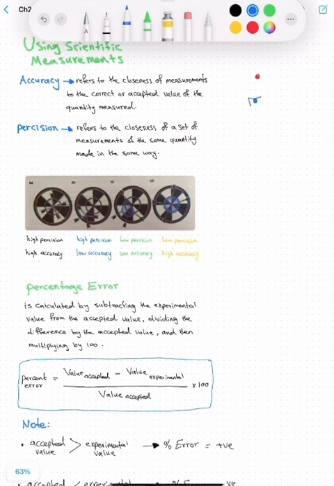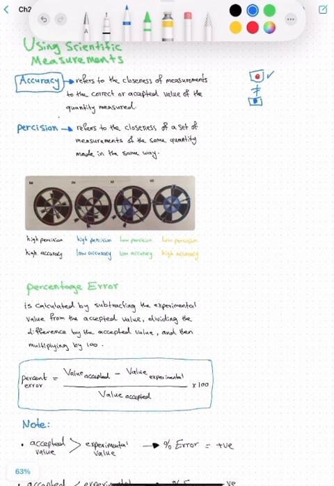This might not be equal to the one that we theoretically should have, okay? So the closer the one that we got is to the ideal one, or the perfect score, or the accepted value that we should have, the better accuracy we have in our measurements, okay?